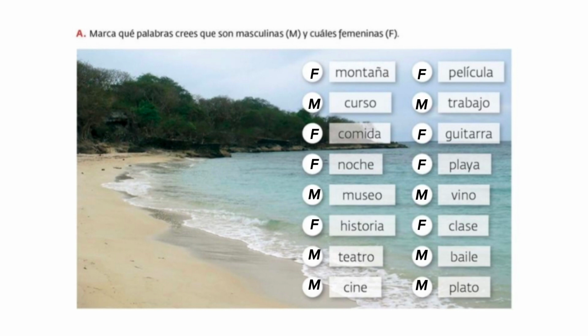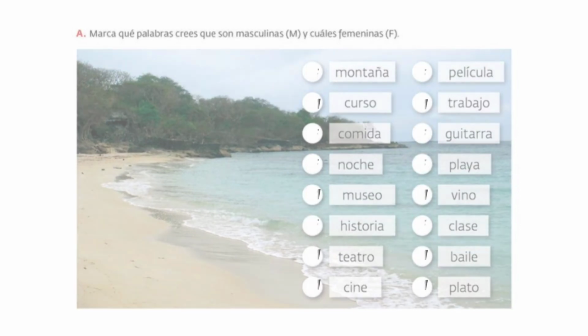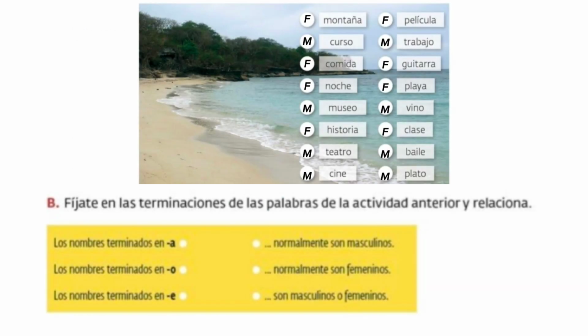Now for the second exercise, which is in relation to this exercise only. Here you can see that you have three options: los nombres terminados en A, los nombres terminados en O, and los nombres terminados en E. And you have to match, seeing the answers here, what is the right answer. Suppose that los nombres terminados en A, the names which are ending with A, are those like montaña, comida, historia.